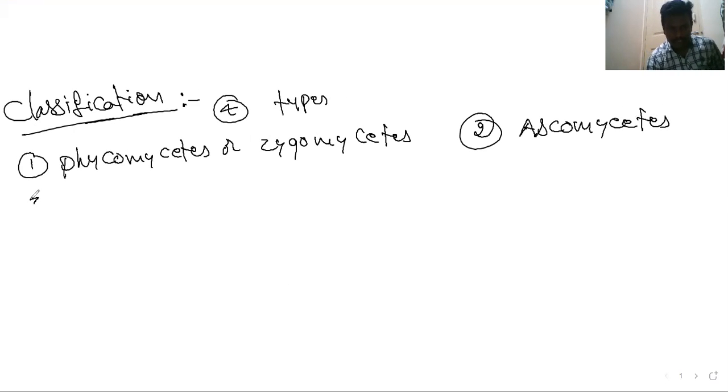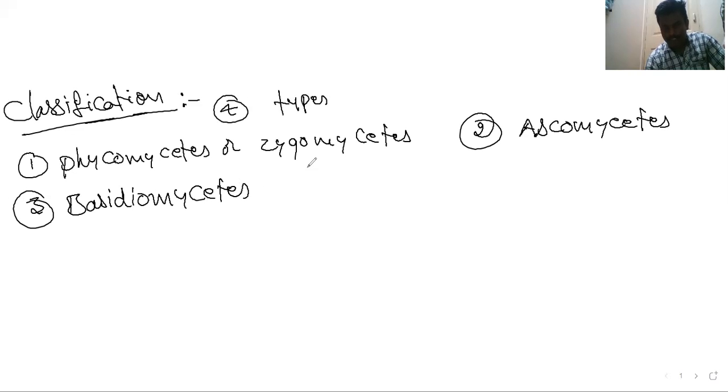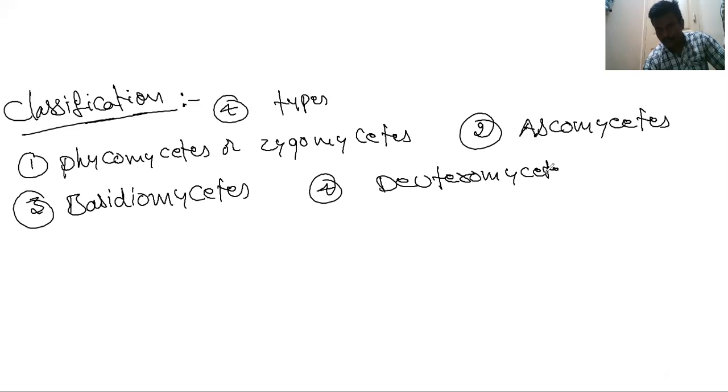The third is Basidiomycetes. And the fourth is Deuteromycetes. Now we will see these four types of fungi one by one.